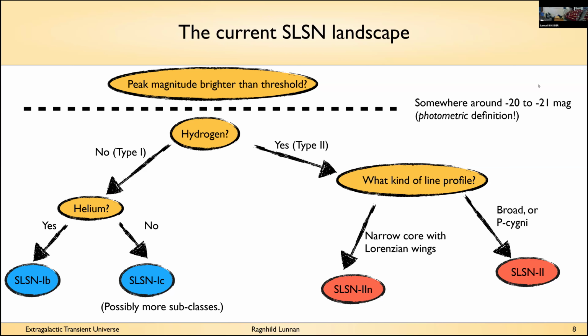Type 2s, you can also further subdivide into whether they spectroscopically look like 2n's, essentially, whether they have these characteristic line profiles, narrow core with Lorentzian wings, or whether they have broad or even P Cygni profiles. I'll get back to that a little bit. And there's even a few that don't show hydrogen at peak, but show hydrogen at late times, so they have been called 1.5. I don't have time to get into those, but they're interesting.